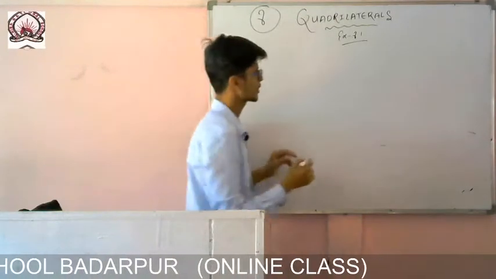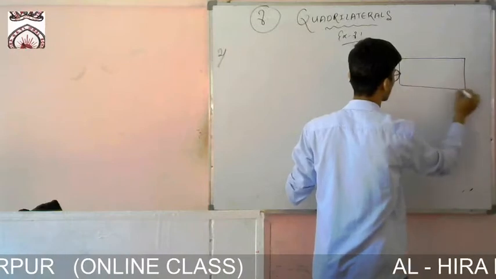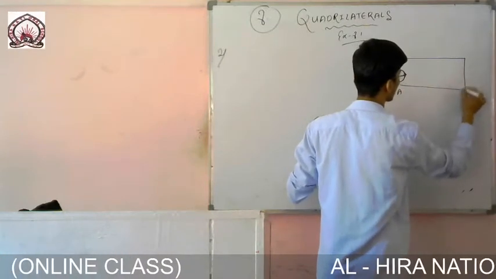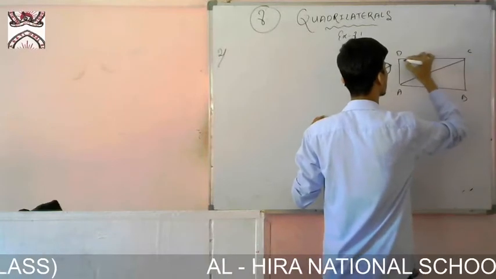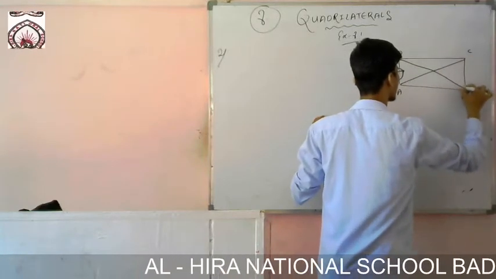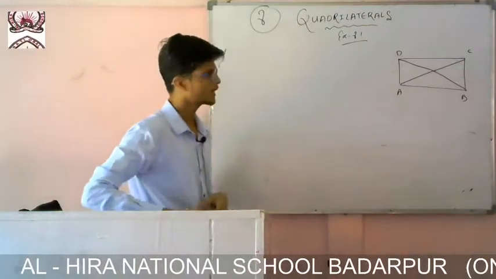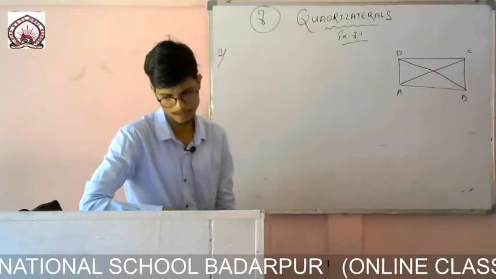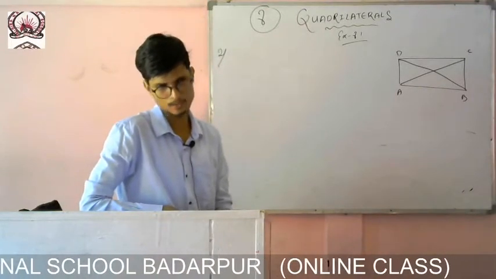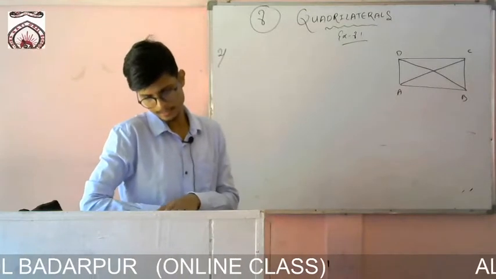So okay, let me draw a parallelogram. Okay, I have drawn a parallelogram ABCD. The diagonals of the parallelogram are equal. So if the diagonals are equal, then I have to show that it is a rectangle.